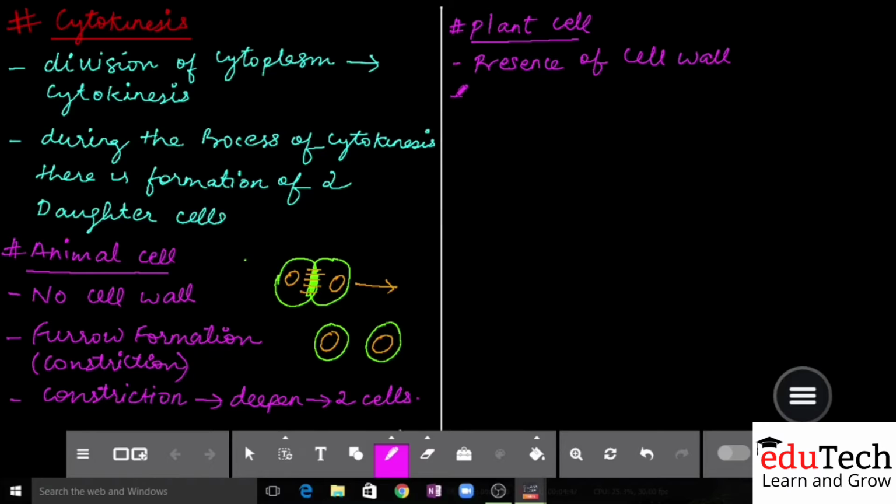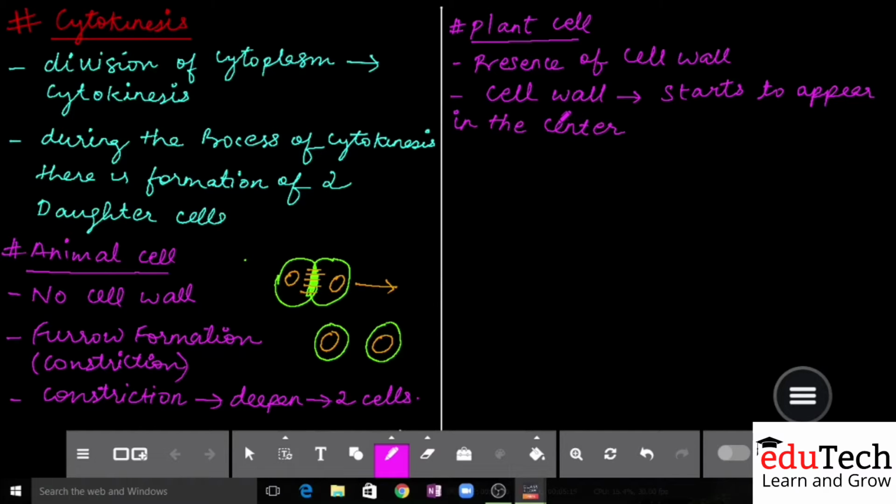Okay, so therefore what happens? Now the cell wall which is present in the plant cell starts to appear in the center of the cell.